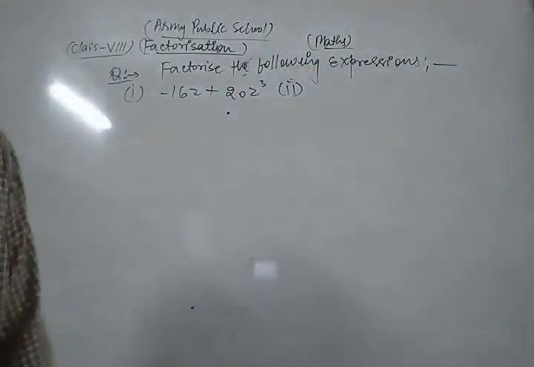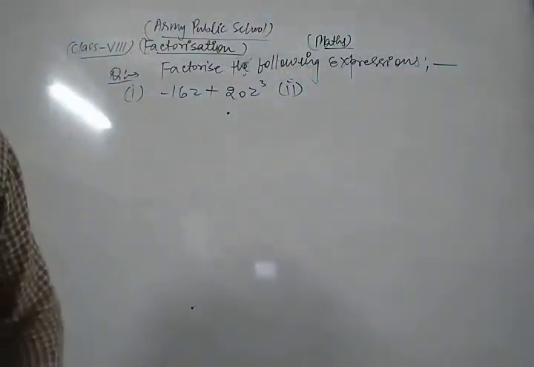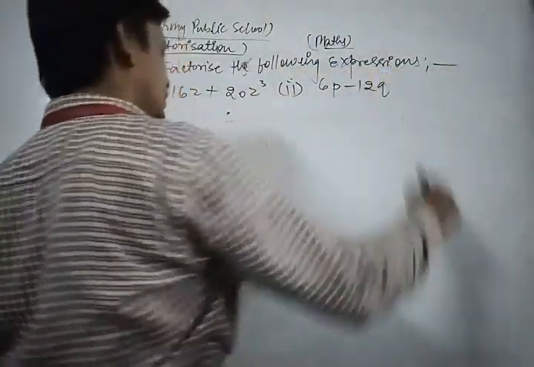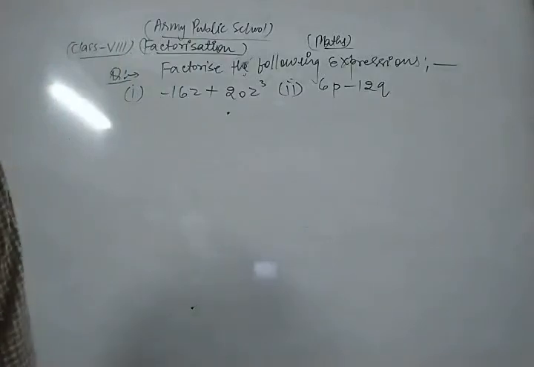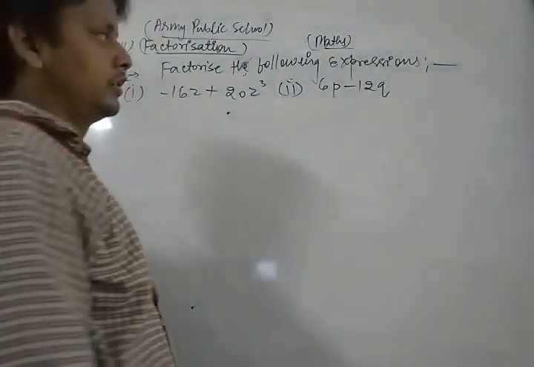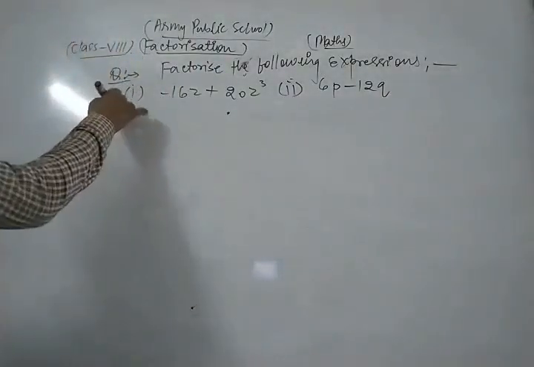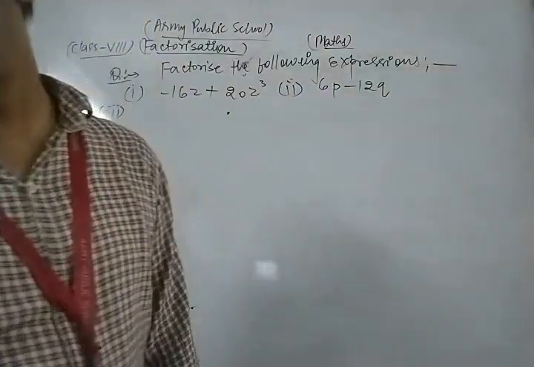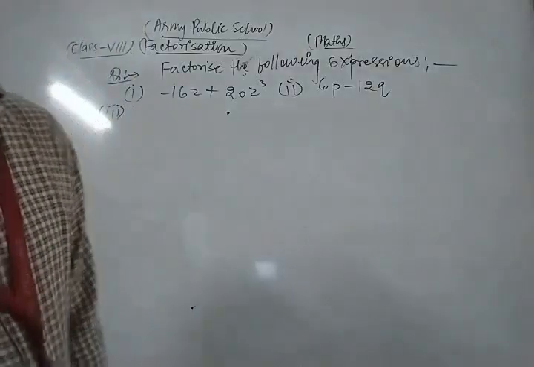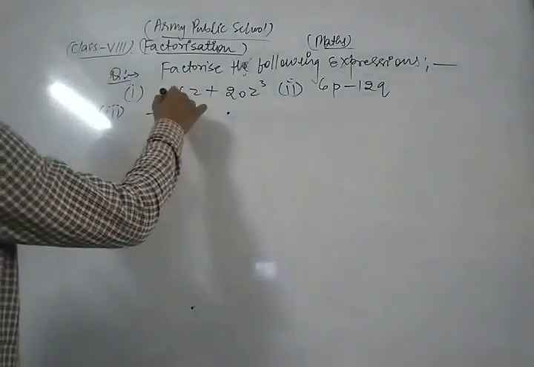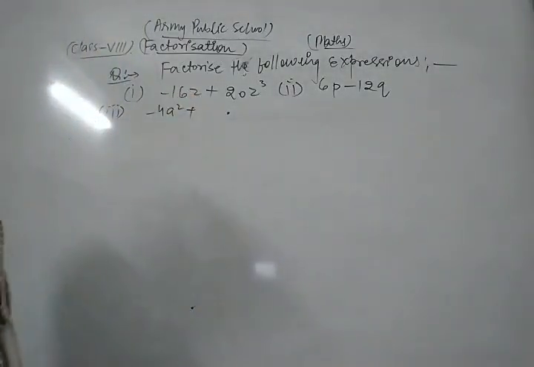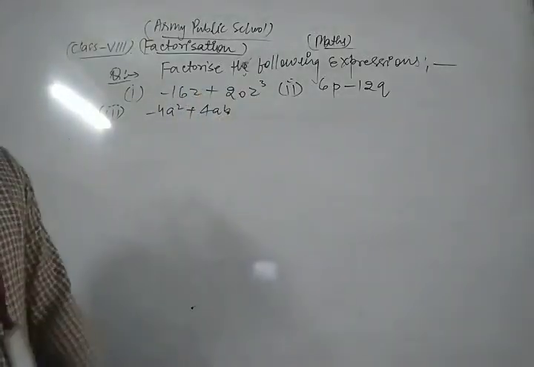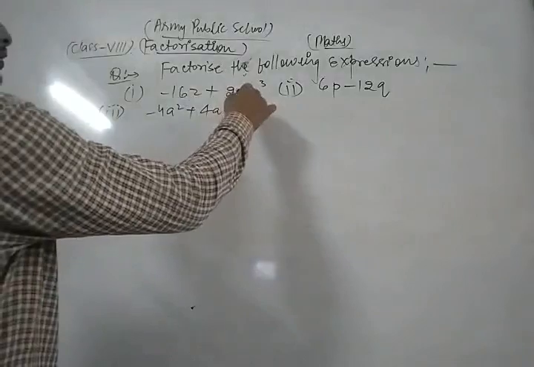Second one, 6p minus 12q. Next, the third one is: minus 4a square plus 4ab minus 4ca.